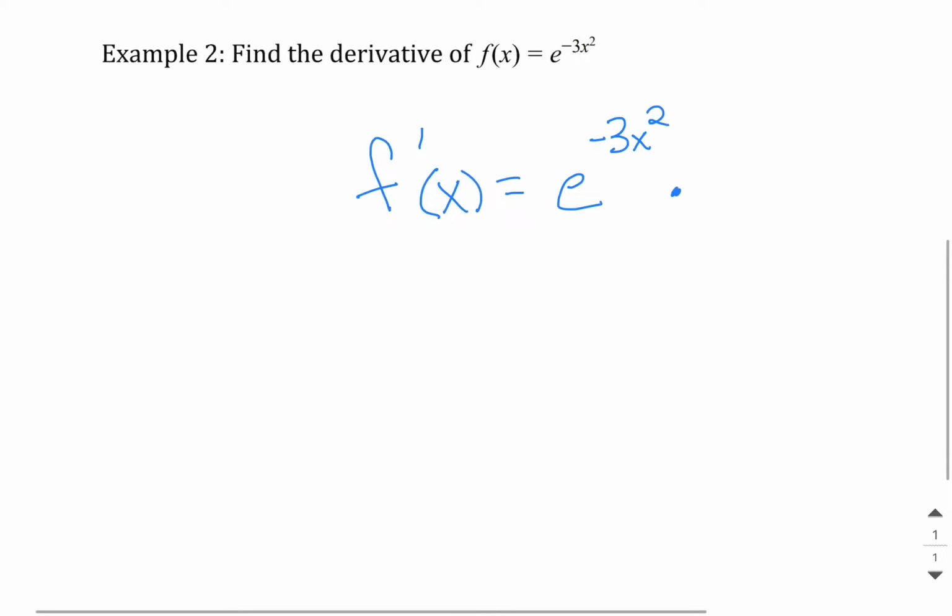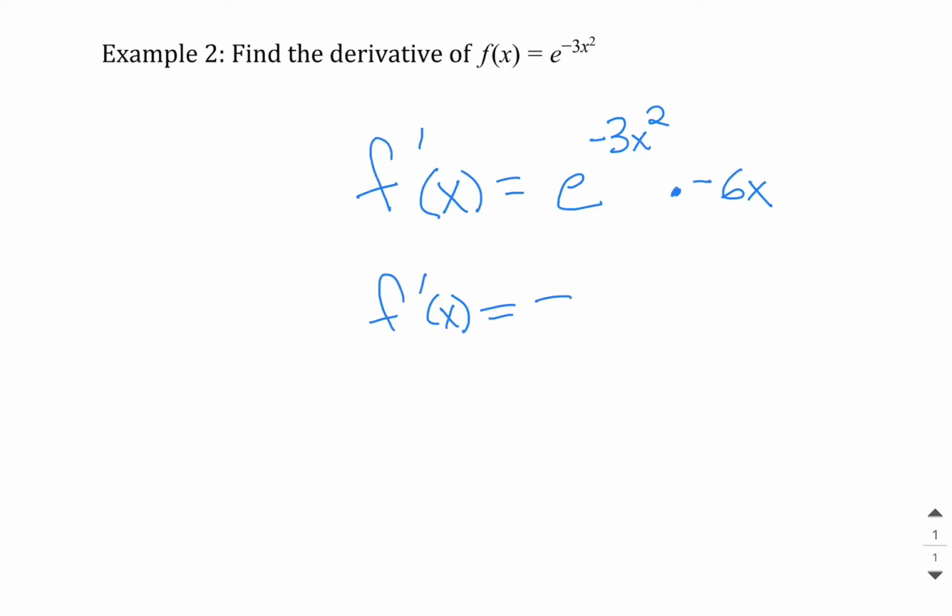So the derivative of negative 3x squared is going to be negative 6x. And again, we could just rewrite this a little bit nicer. We have f prime of x is equal to negative 6x times e to the negative 3x squared. Now, it's right both ways, but if you prefer to write it this way. Try a couple practice and see how it goes.